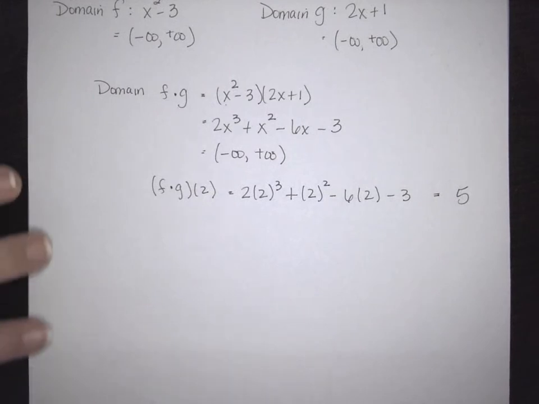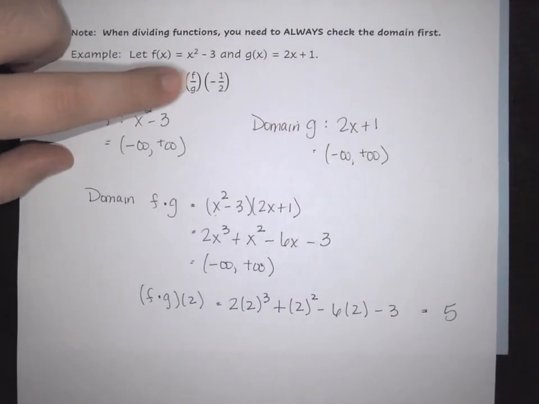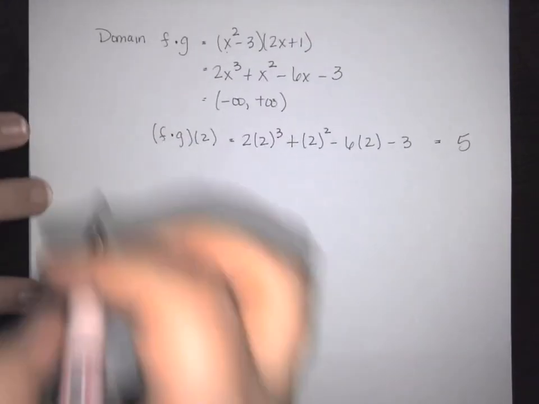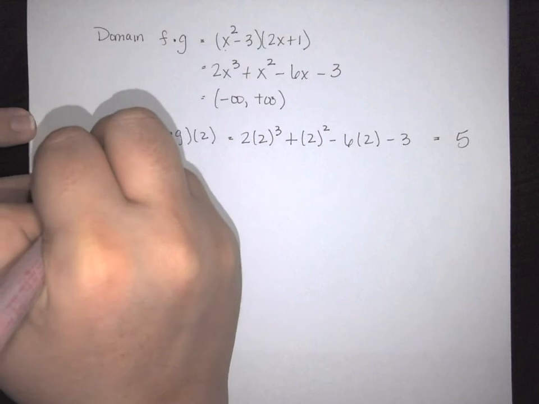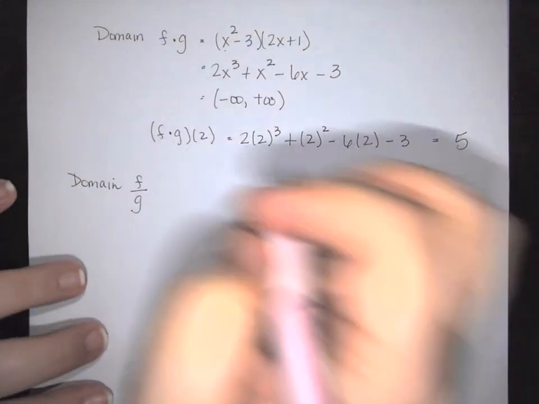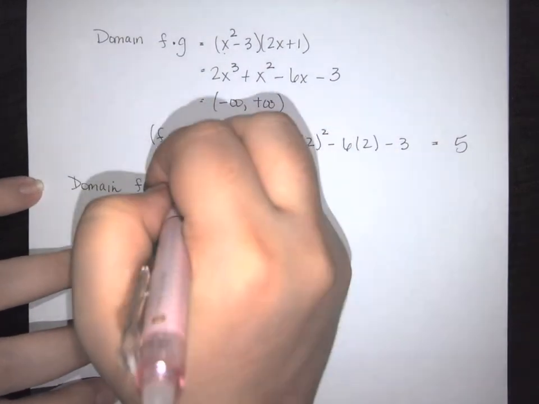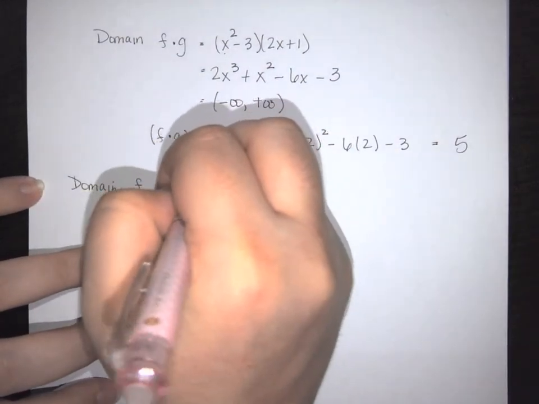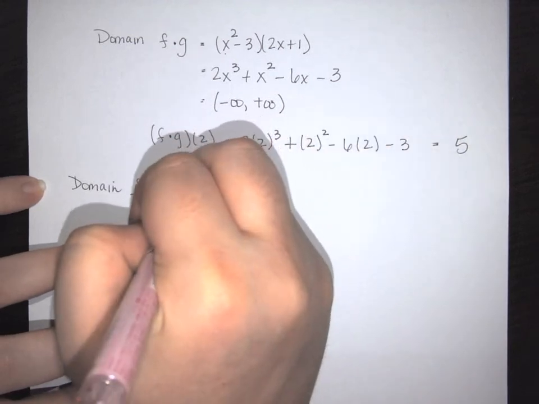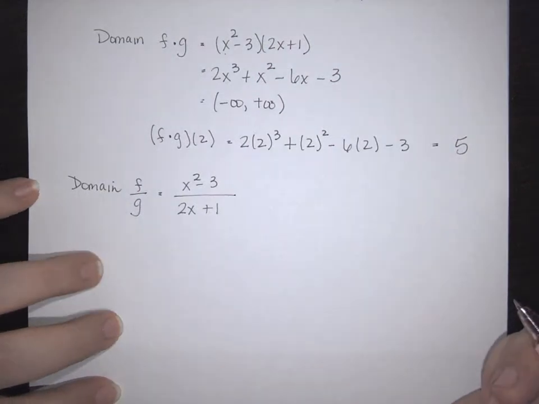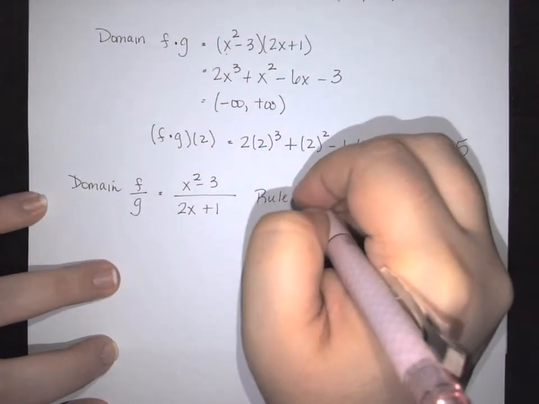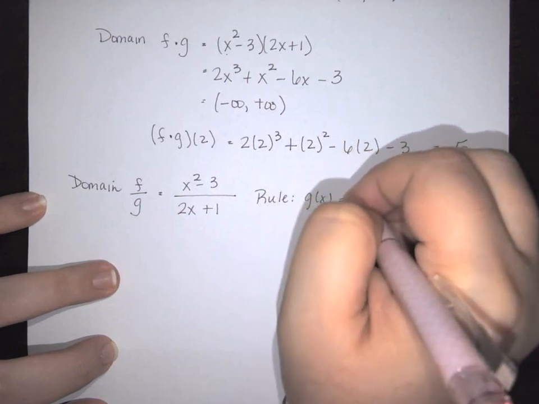Now the reason this is important is because my second piece wants me to evaluate my division at negative 1/2. So first, again, we have to look for the domain for f divided by g. So we have to set it up. My f was x squared minus 3. My g is going to be 2x plus 1. Now in this case, we have to remember the rule, which says that my g of x cannot be 0.